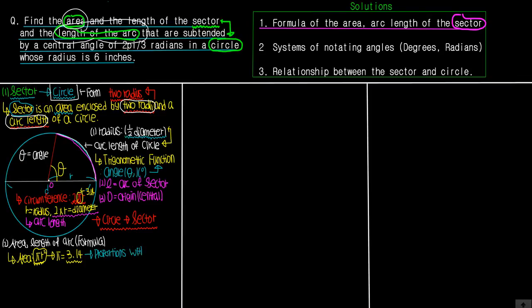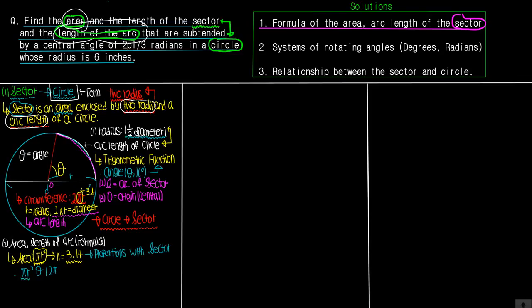We can see the area of our circle has a specific proportion with our sector. So the formula of our sector will be something like this. We know that the area of our circle is pi r squared, and the area of the sector will be pi r squared times theta, all divided by 2 pi.